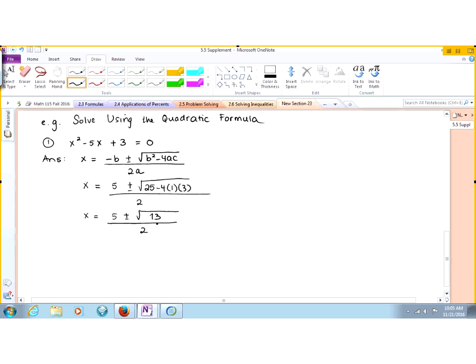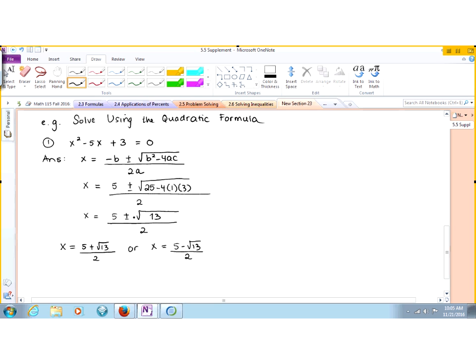Now, can I simplify the square root of 13? Can I factor out a perfect square from 13? No. So that's it. What are the answers? x is 5 plus square root of 13 divided by 2, or x is 5 minus square root of 13 divided by 2.